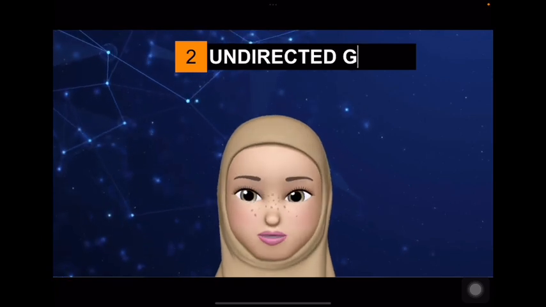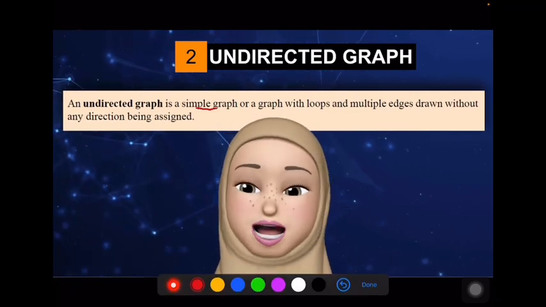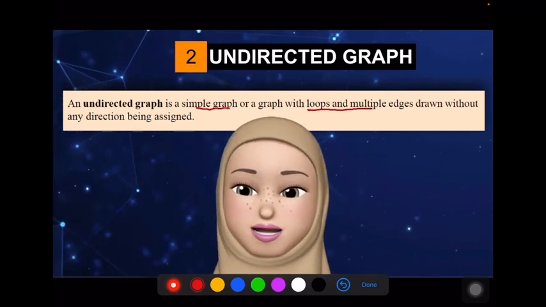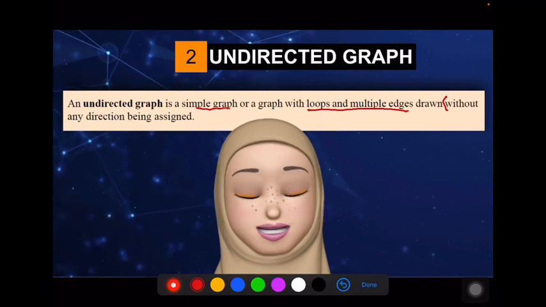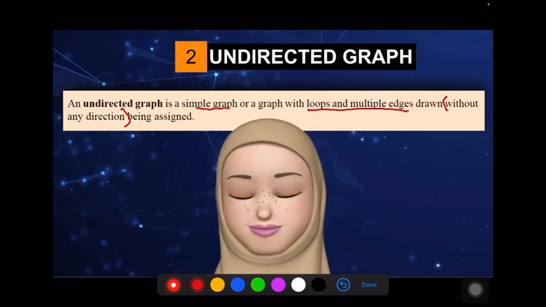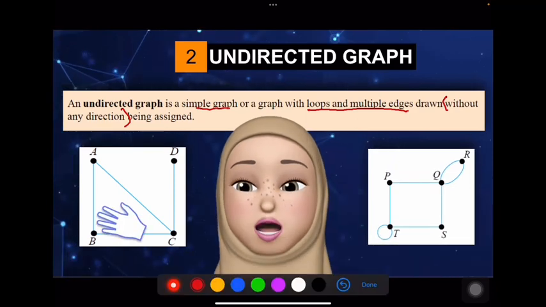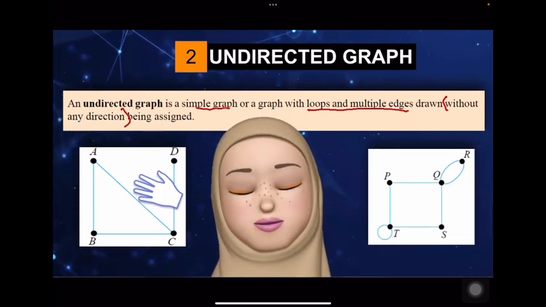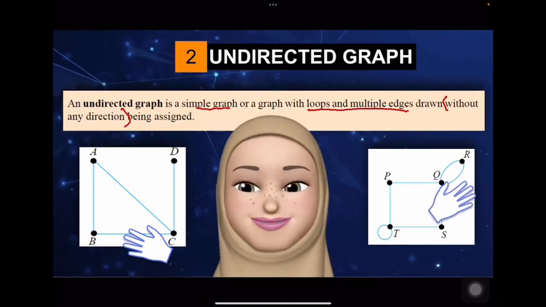An undirected graph is actually a simple graph, or a graph with loops and multiple edges, drawn without any direction being assigned. As you can see in the diagram, there is no direction or arrow being assigned. So this is what we call an undirected graph.